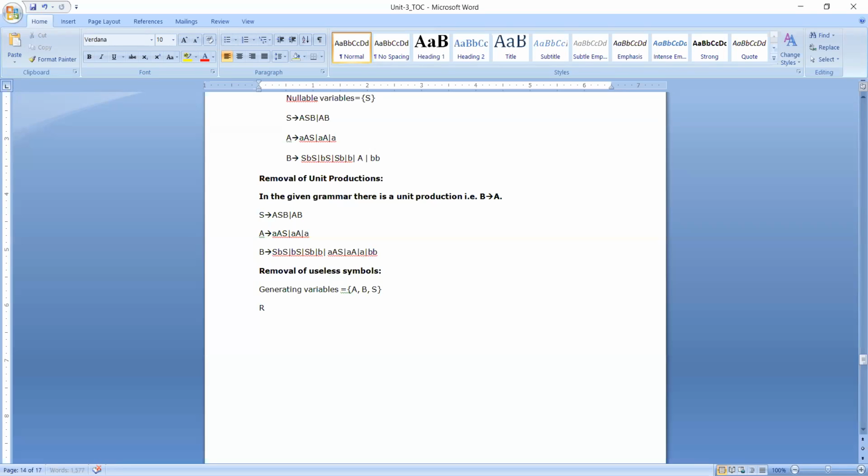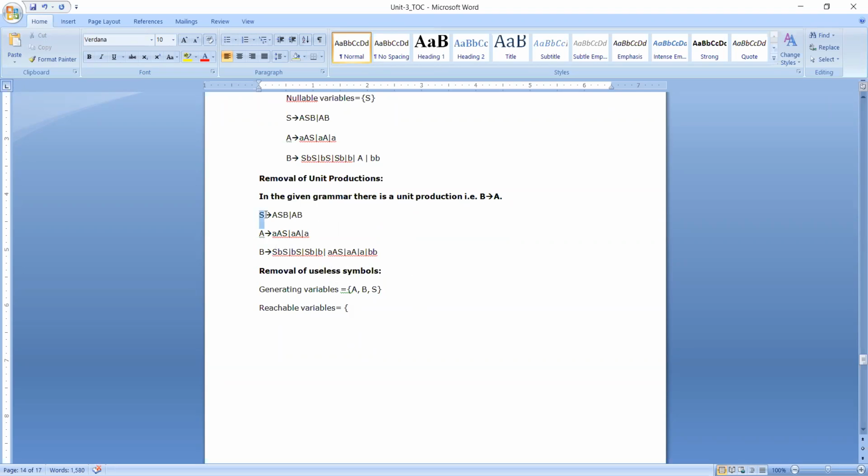Okay. Next, we need to check reachable variables. Reachable variables in the sense, from the start symbol capital S, how many variables are there? Three variables are there: A, B and S. Now whether it is possible for us to reach the other variables or not.